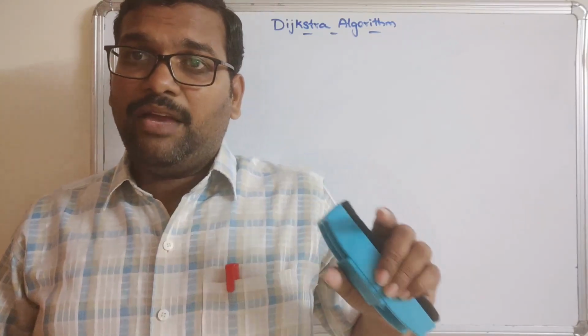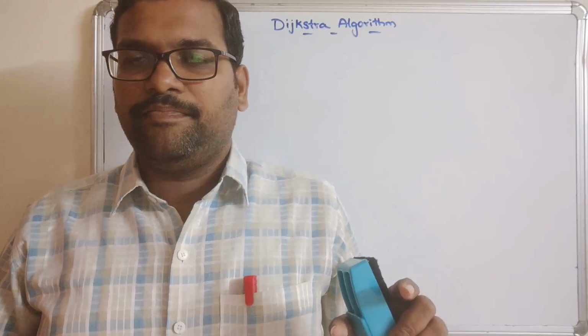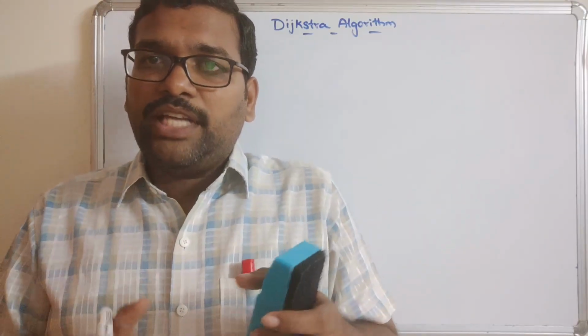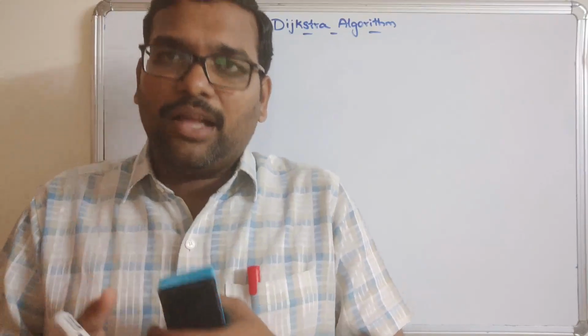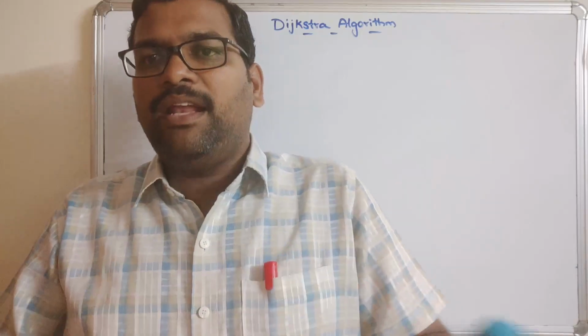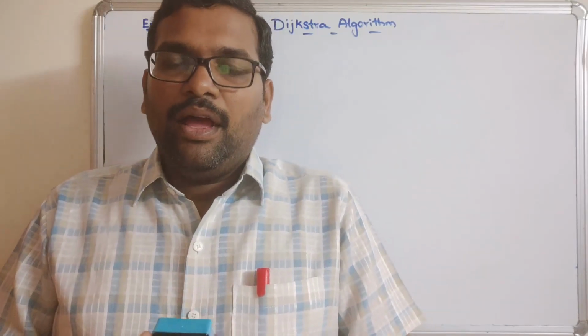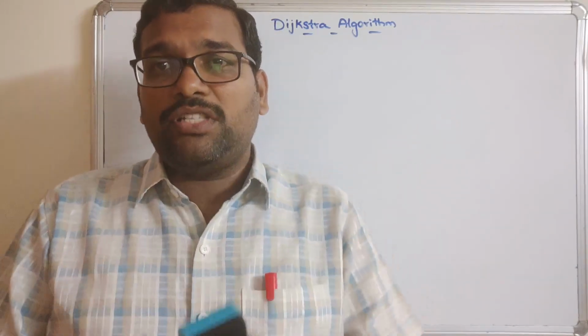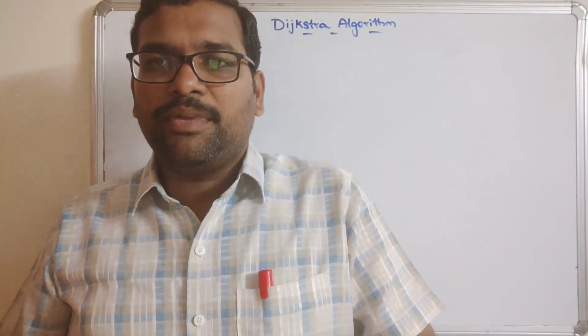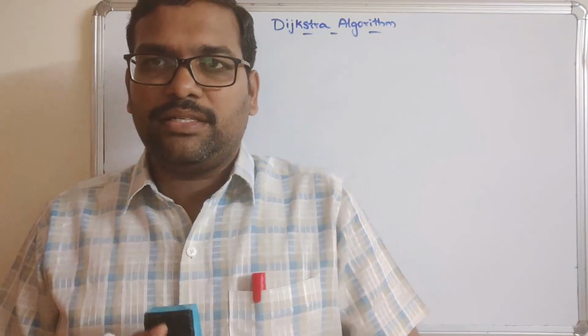That will be a visited vertex. And from that we have to update the cost of unvisited neighboring vertices, and repeat the same process until all the vertices become visited.